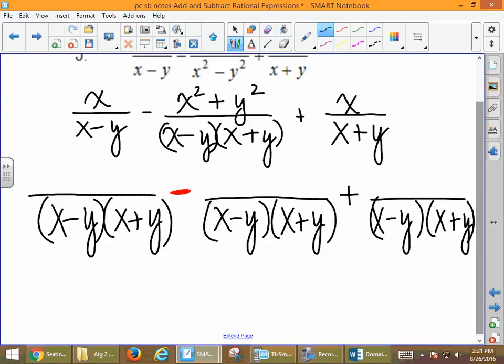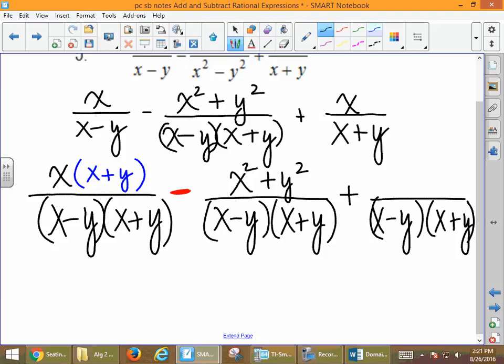But then ask yourself, what did we put into the denominator that wasn't there originally? Well, we put into that denominator an x plus y. On our second fraction, we didn't put anything into the denominator, so we're going to leave the numerator alone, which might even make that problem a tiny bit more difficult.